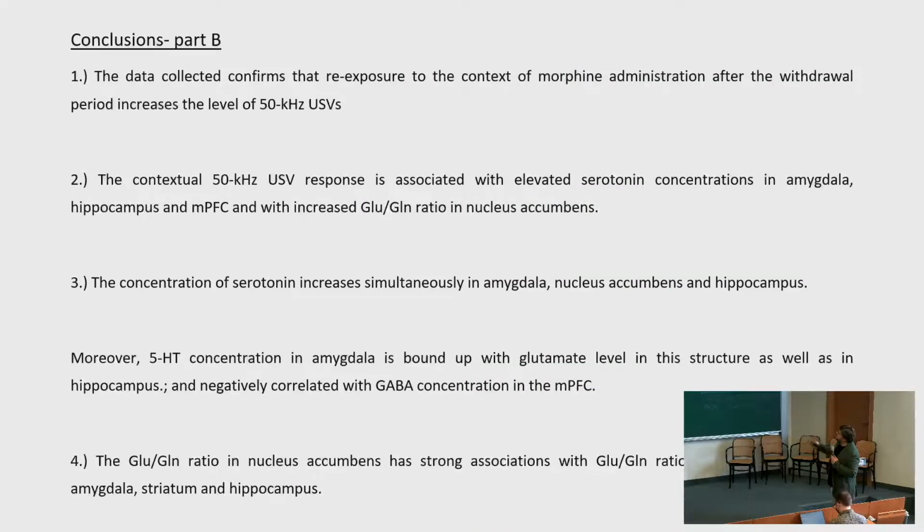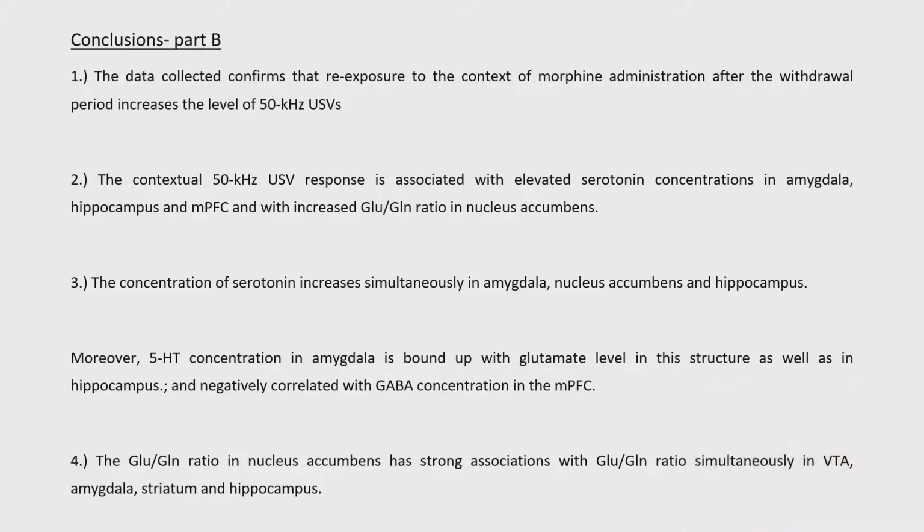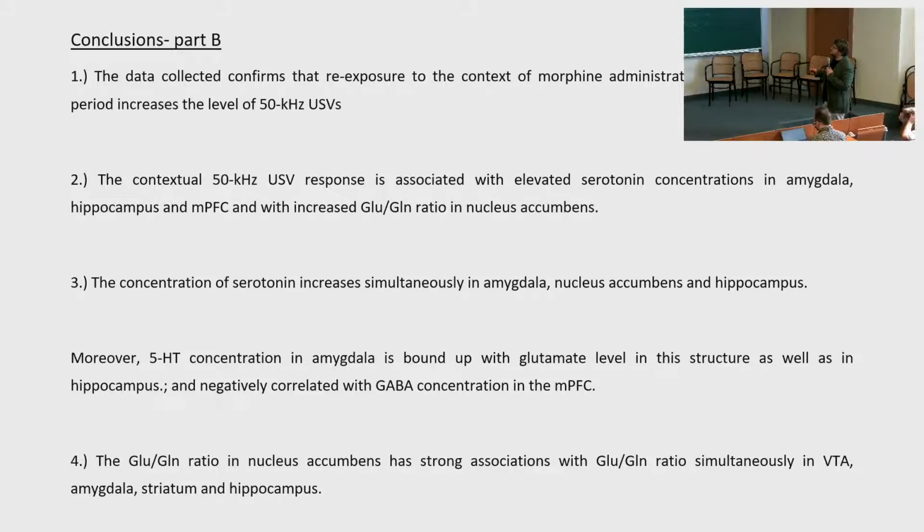All right. So what are the conclusions of part B? The data collected confirms that re-exposure to the context of morphine administration after the withdrawal period increases the level of 50 kHz ultrasounds. The contextual 50 kHz response is associated with the serotonin concentration in the amygdala, hippocampus, and medial prefrontal cortex.